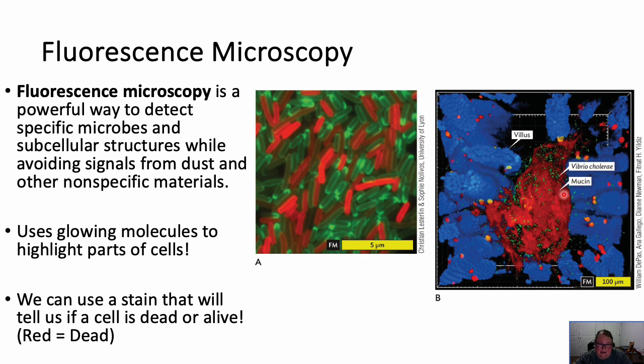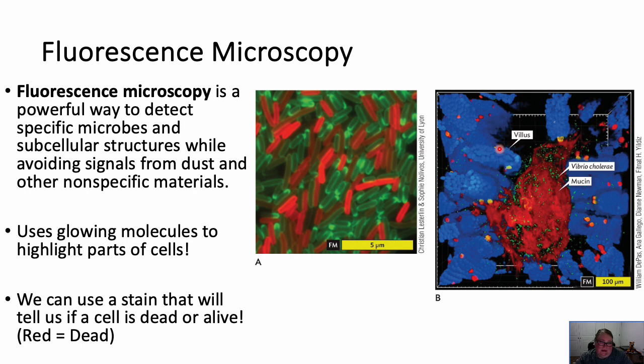We have one that's binding to the mucus, or specifically the mucin protein in your mucus, so that's going to be one color. And then we have a third antibody that's specific for the bacterium, Vibrio cholerae, and it's going to highlight that as green. So we can see the difference between the tissue, the mucus, and our infection, our bacterium.